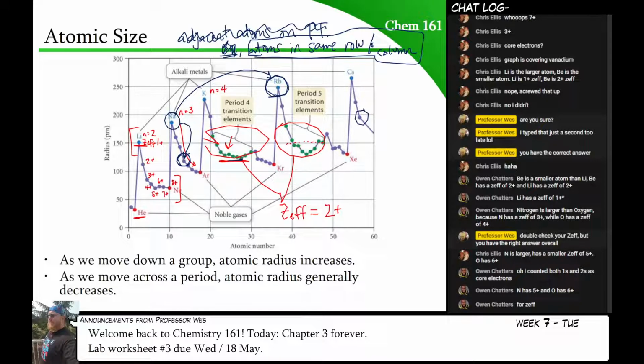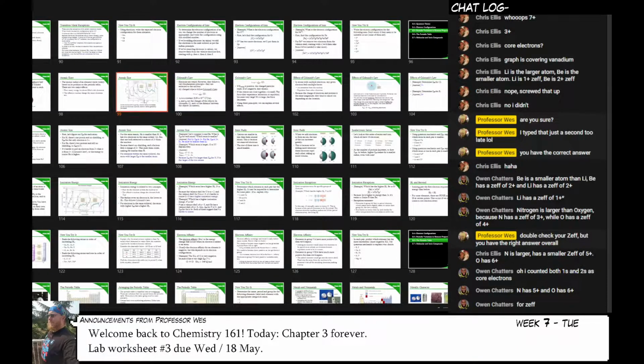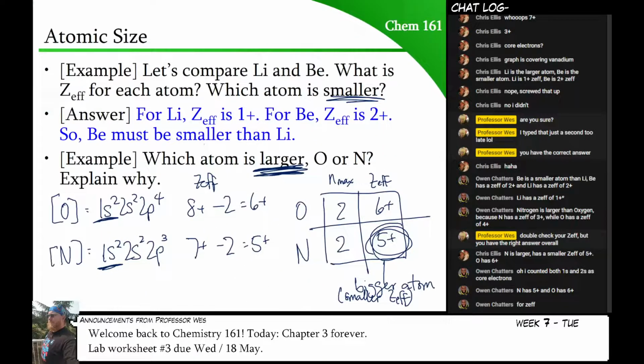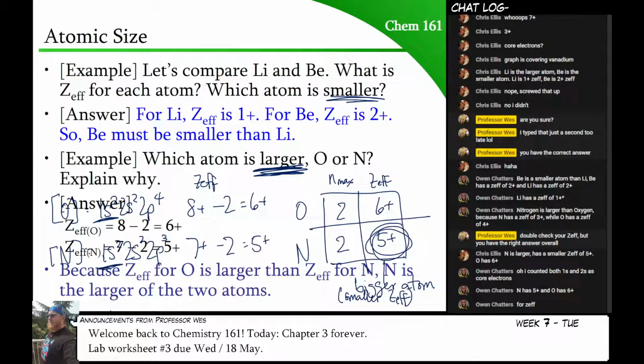But what if you have bigger N and then a bigger Z effective? Then it becomes ambiguous. So I'm not going to give you diagonals. There might be an example in here that I've put purposely so we can have that conversation, but I'm not going to actually do that on a test. So let me clear this real quick so you can read it.